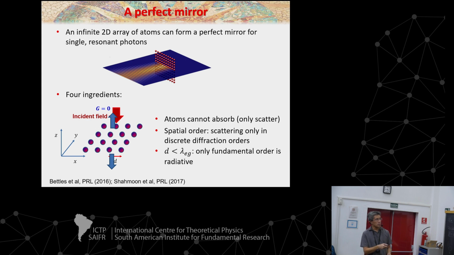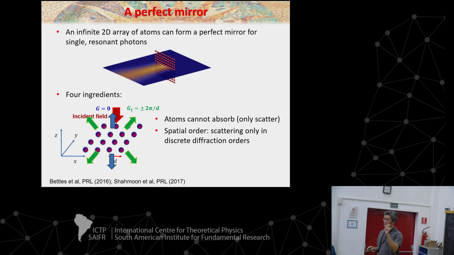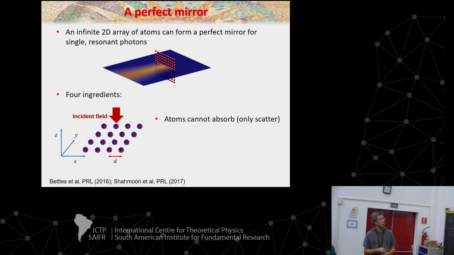The third ingredient is that if my lattice constant is too small, only the fundamental order is radiative. So in particular, if the atoms are trying to add 1 unit of reciprocal lattice momentum, 2 pi over d, at some point, d is going to be so small that this momentum becomes too big for light. So again, it doesn't match the dispersion relation of radiation waves anymore.